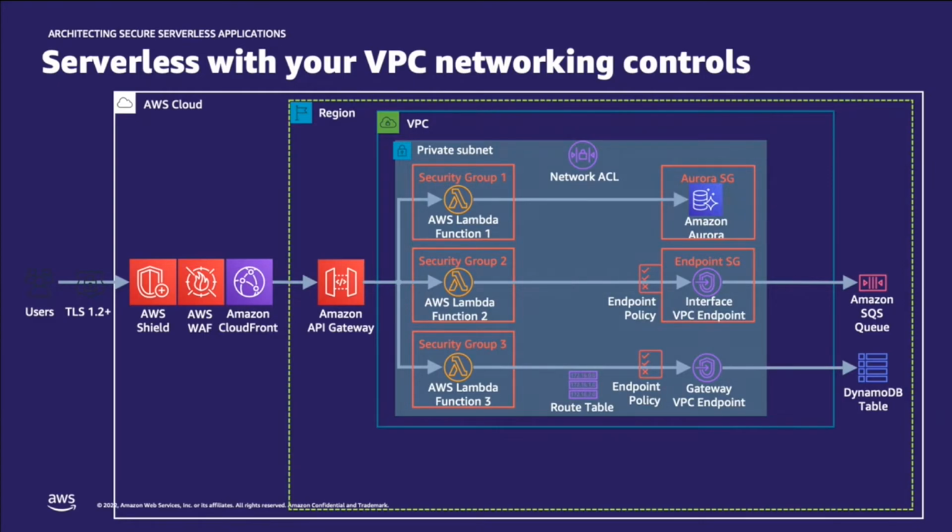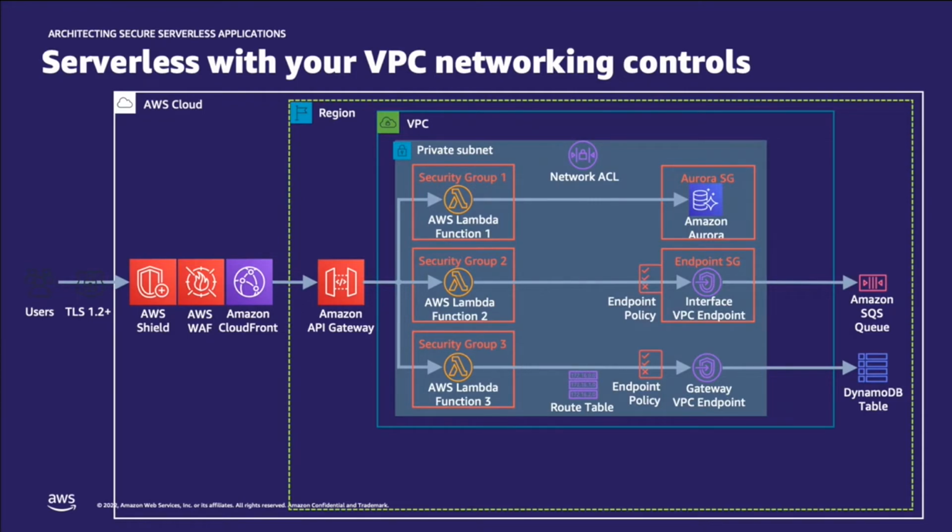So just a few reminders, right? You can apply your custom routing, NACLs, and security groups to all of this, in a similar way as you do when you are setting up your network. Just a few reminders on how to control Lambda function traffic, right? So remember, Lambda security groups do not need inbound rules, right?